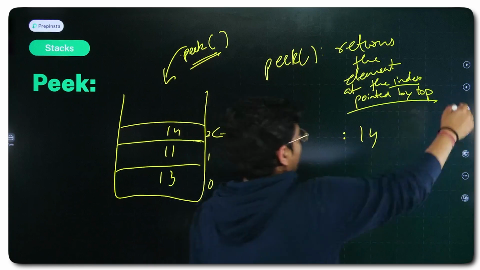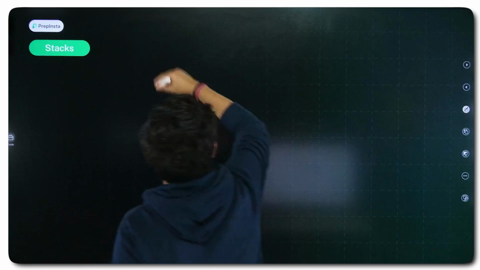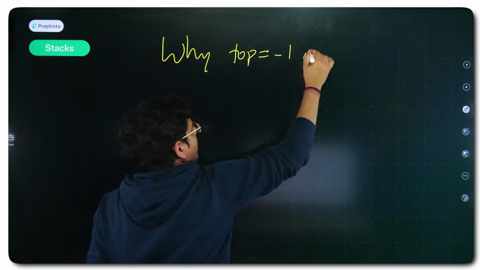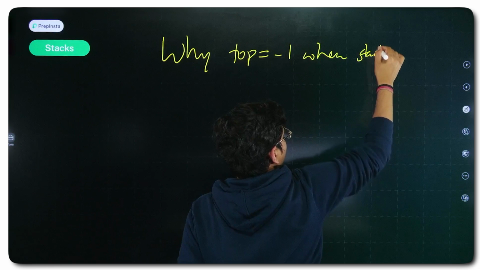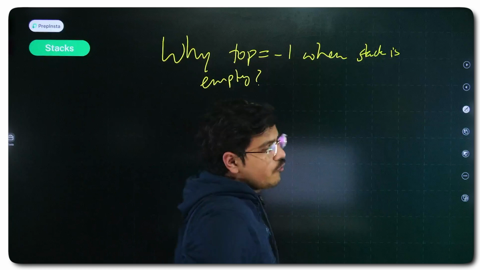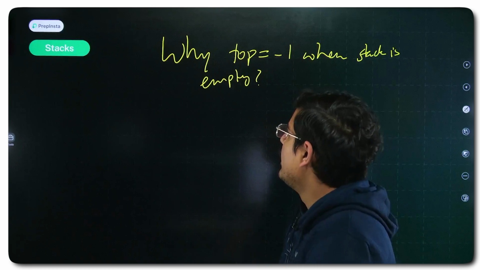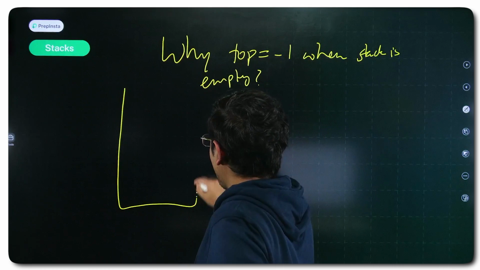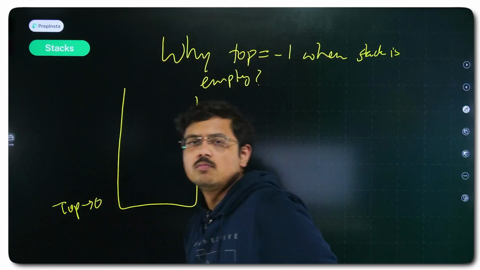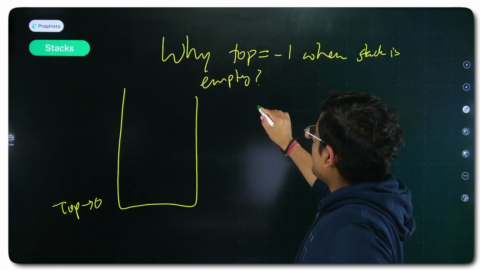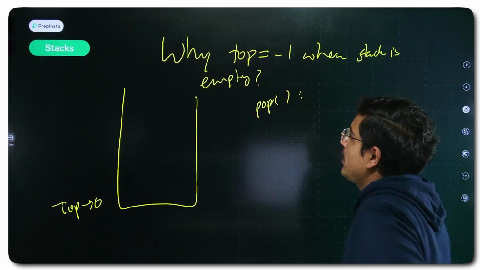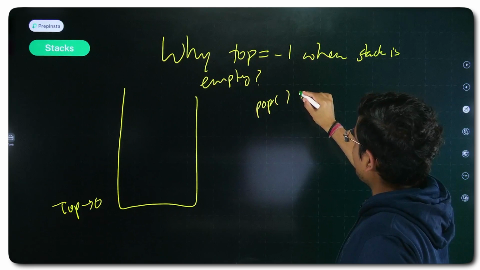Now let's understand why top equals -1 when stack is empty. Why is it so? The reason is, in different languages, when you have an empty stack and if top points to 0, then when you do the pop, what will happen?